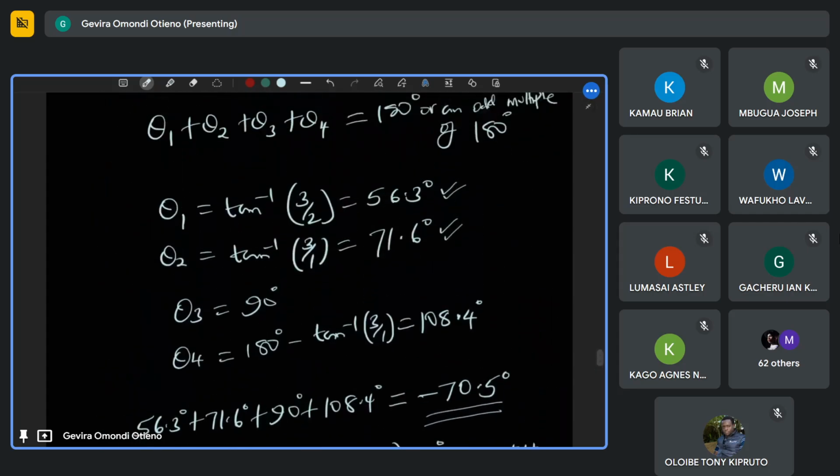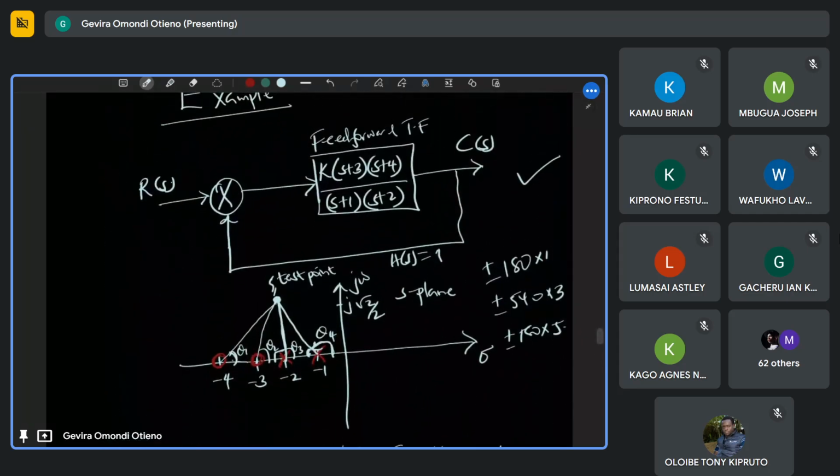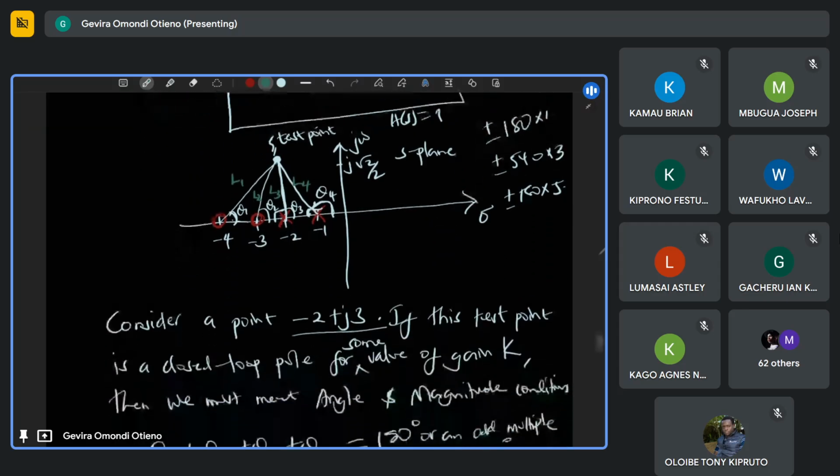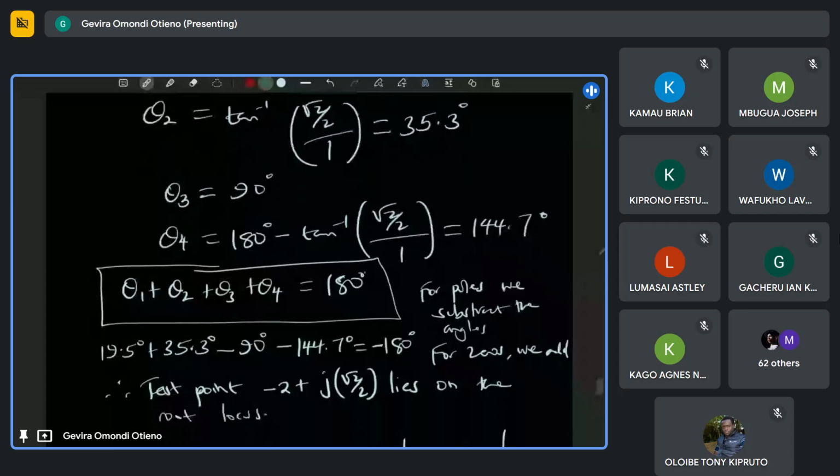The lengths are these lines here. So like I could say, this is L1, okay? This is L2, this other one for the second zero, then this is L3, and this is L4. So what that therefore means is we are having the product of the poles.